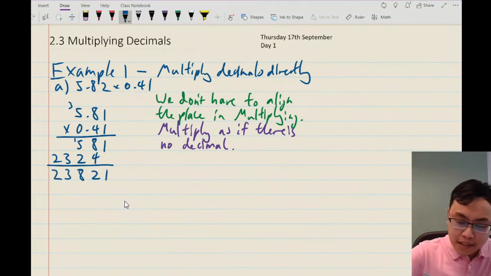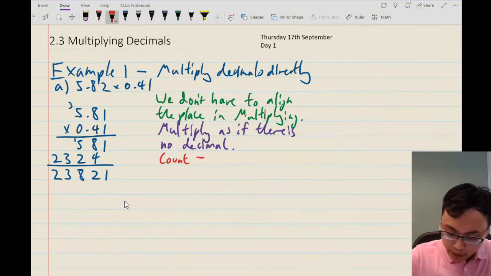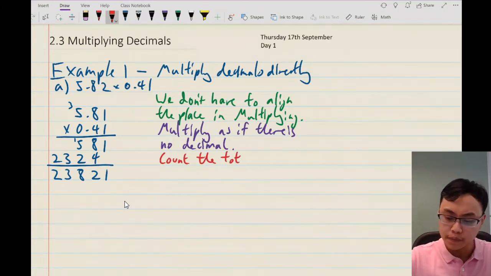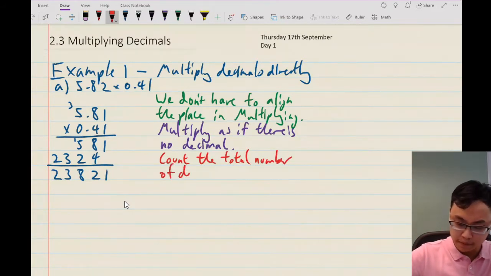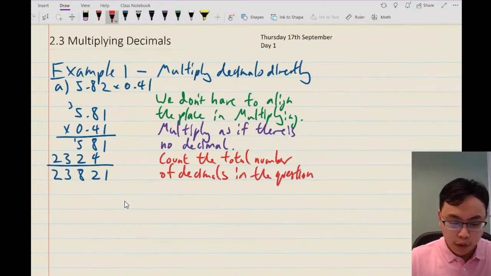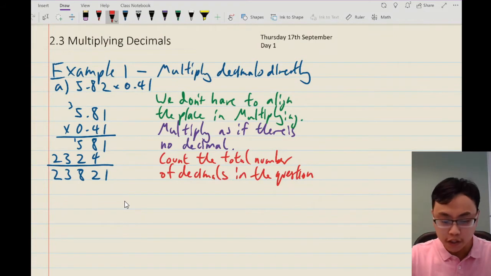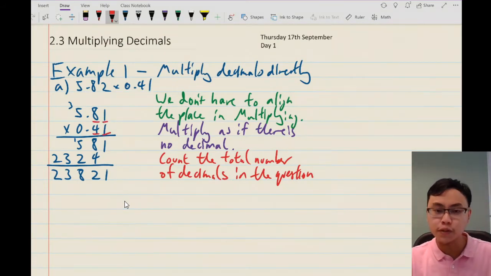And so lastly, what we want to do is we want to count the total number of decimals in the question. And so how many decimals are there in the question? There is 1 here, 2 here, 3 here, and 4 decimals in total.